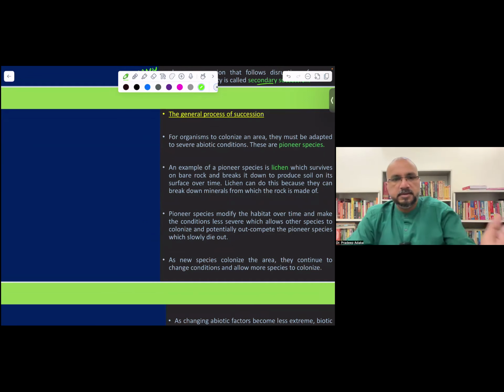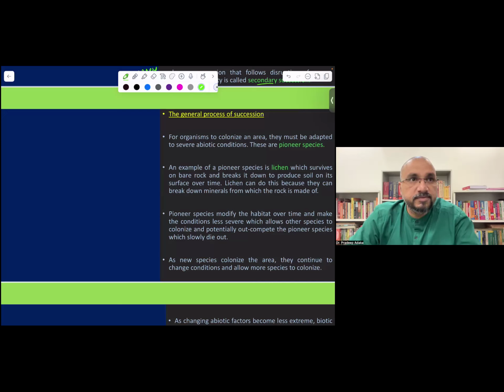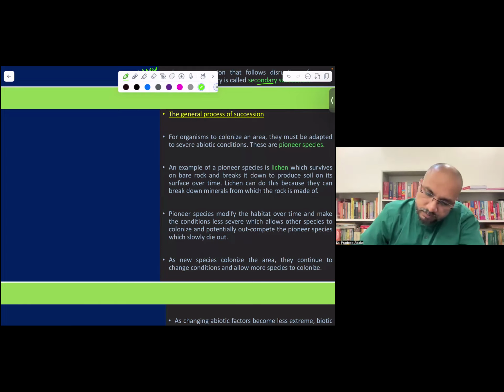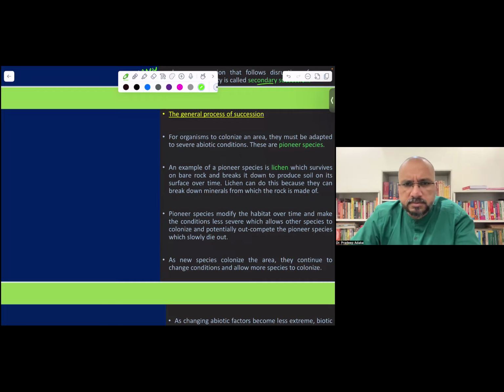Okay, so let us see the general, overall process. For organisms to colonize some area, they have to adapt to abiotic conditions. If I want to go and survive and flourish, I should be able to adapt to the new area, right?